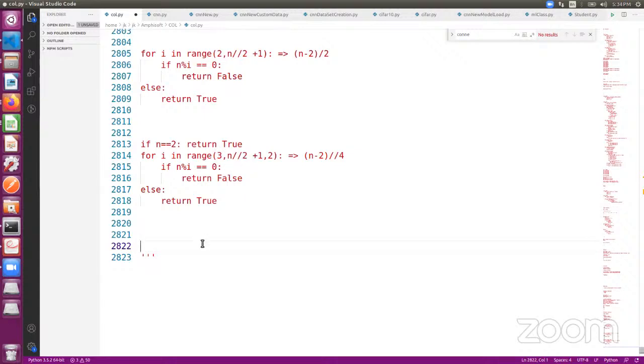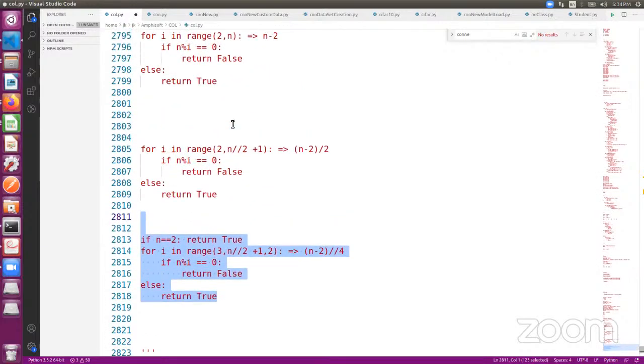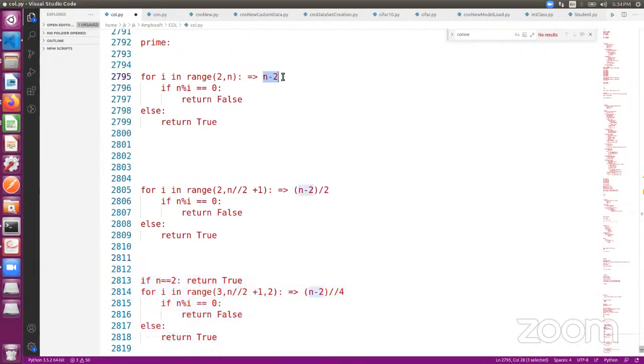But calculating the square root will also involve some calculation. The function to calculate the square root doesn't operate in constant time. It again takes some more time. So it is enough that you stop here itself. We started with order of n minus 2, then we further reduced it to n minus 2 by 2.